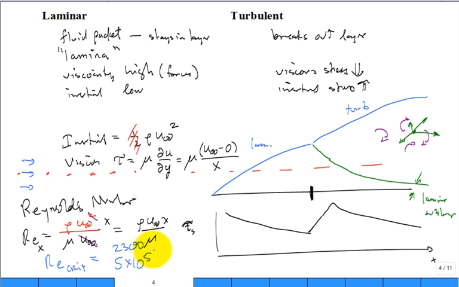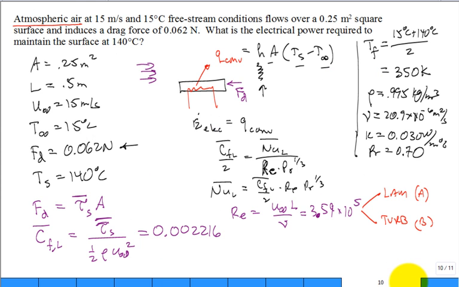If they say 2300, what are they thinking? Flow in pipes. If they're saying 5 times 10 to the fifth, they're saying flow over a flat plate. It has to get up to 500,000. Is 5 times 10 to the fifth 500,000? Yeah. So basically, x critical is when the Reynolds number equals roughly, I know it's not precise, 500,000, 5 times 10 to the fifth. True?